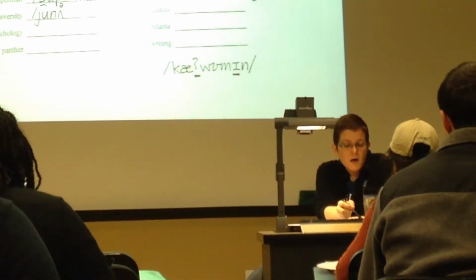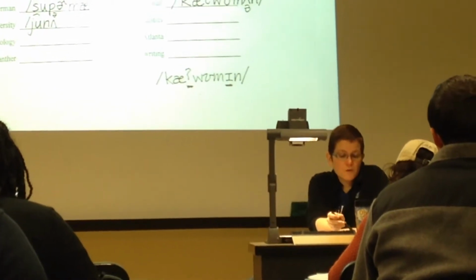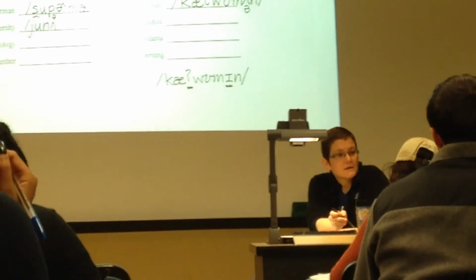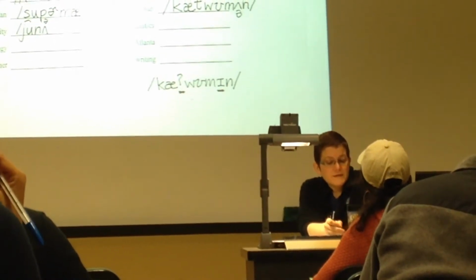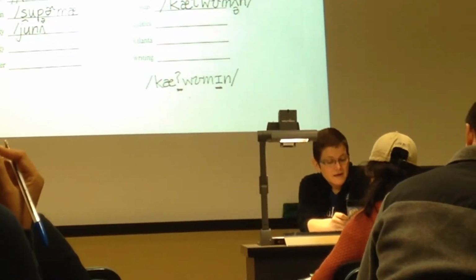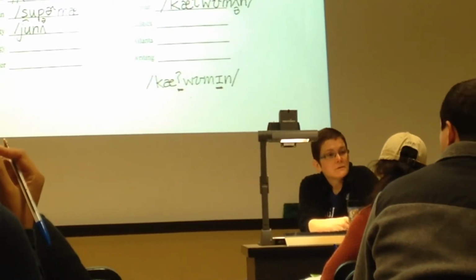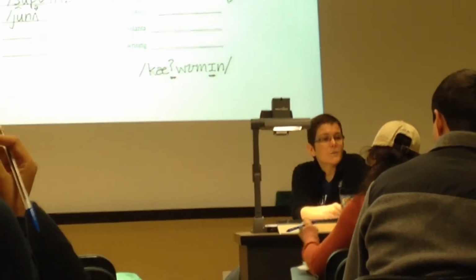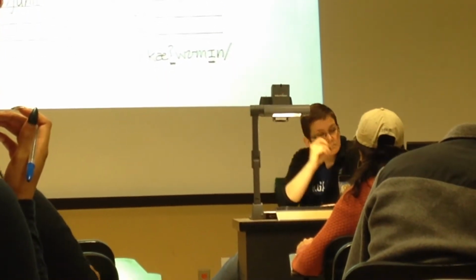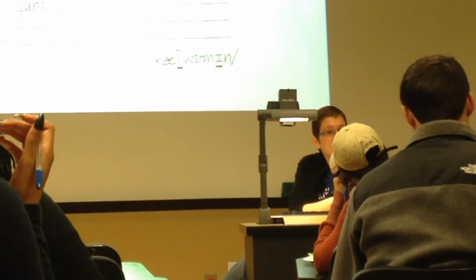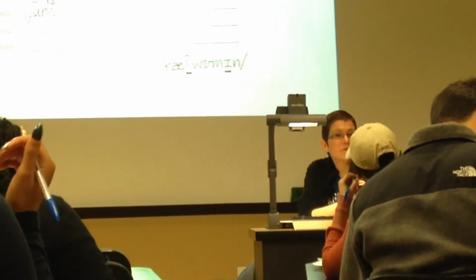So, for example, on the quiz, if you wrote the word writer, like I am a professional writer, and you wrote that with the voiceless alveolar stop instead of the flap, that looks like an R without a tag on it, if you wrote writer with the little flap instead of the t, I would still count it right because that's the underlying form, so that would be okay. So anything that shows up in the notes, you don't have to do that.